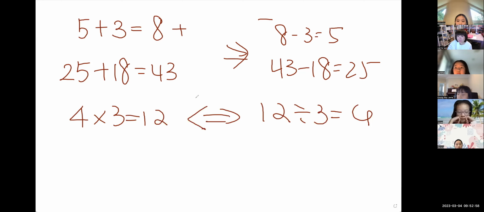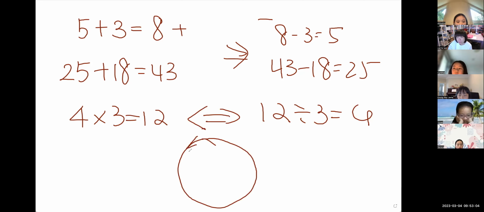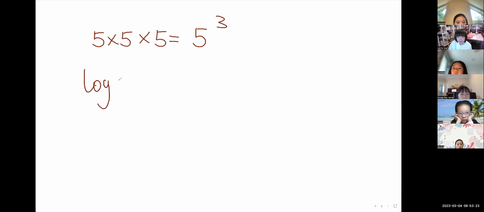So math is creating a thinking method, creating a loop that from back and forth, you can always go to somewhere you want to. Get it, Ariel? Okay, so for instance, when we learn 5 times 5 times 5 equals 5 to the power of 3, right? And how to do this backwards is log base 5 of 125 equals 3.